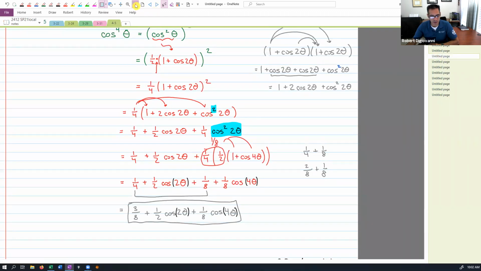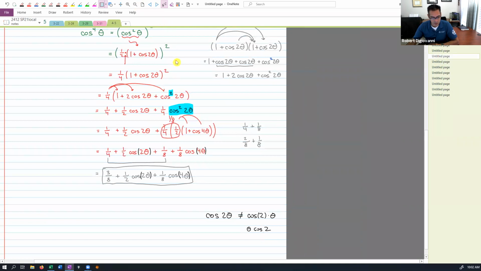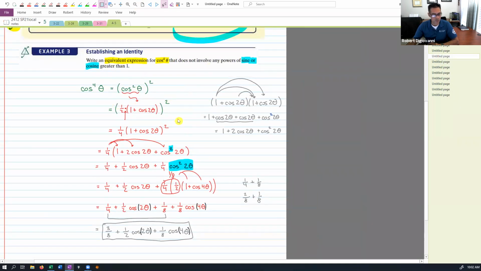I'm going to zoom out so you can see it all. So here was the problem we just did. I want you to do the same problem, but for sine to the 4th theta. So instead of cosine raised to the 4th, I want you to do sine raised to the 4th. And I want you to rewrite it so that it has sines and cosines, and no power is greater than 1.